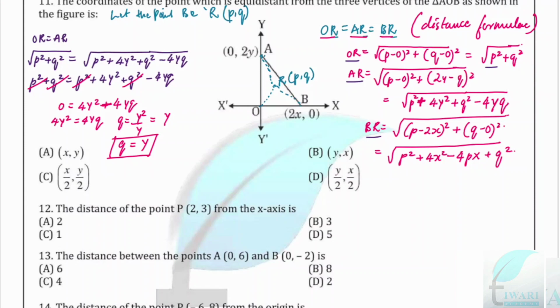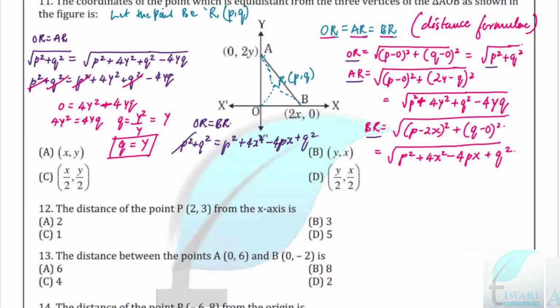Now next we will equate OR is equals to BR. Similarly, we will get P square plus Q square, after squaring, is equals to P square plus 4x square minus 4px plus Q square.